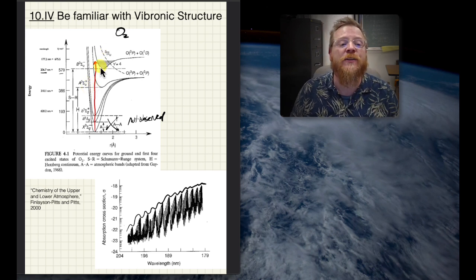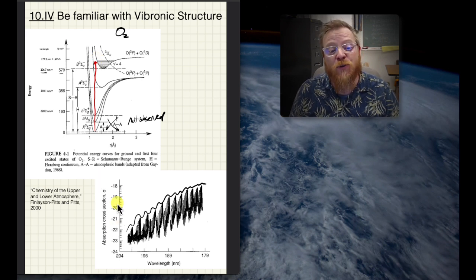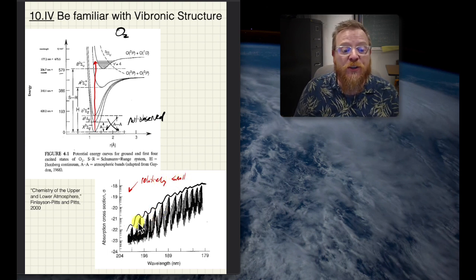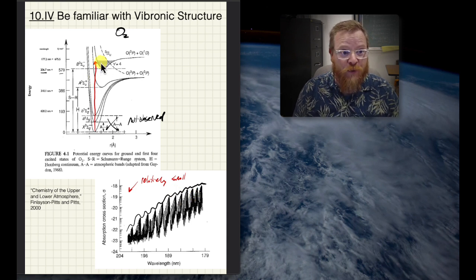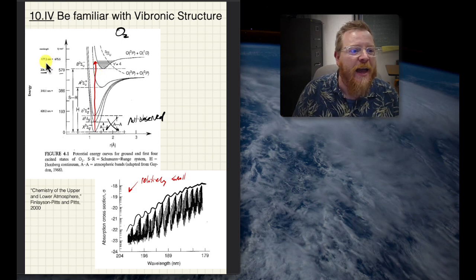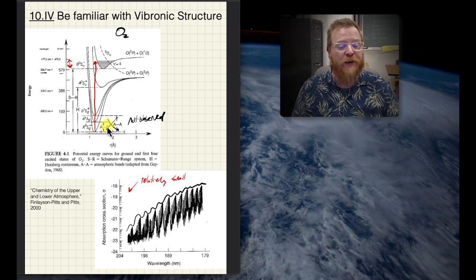You might notice that we don't have perfect overlap with them, and that's why these cross sections are relatively small. So we do see these individual vibrational levels being resolved between 204 and 180 nanometers. And as you can see right on this scale, that spans this range right here.